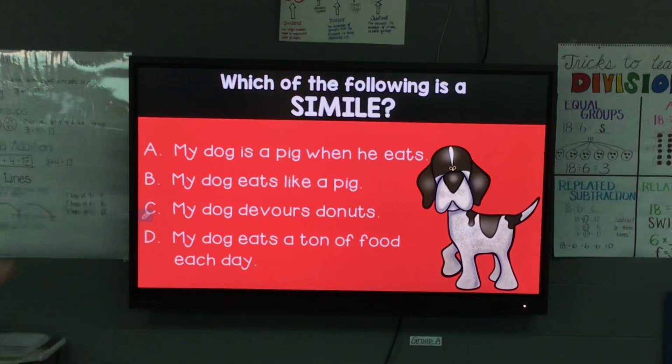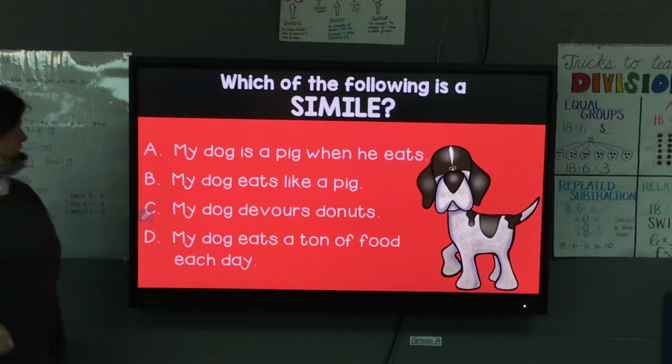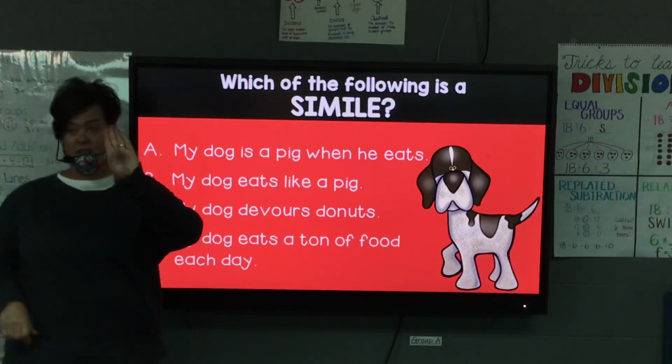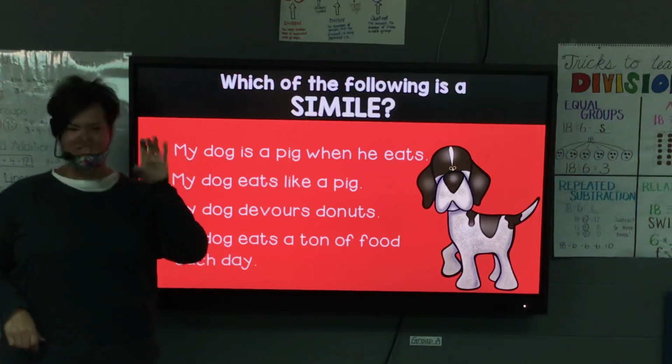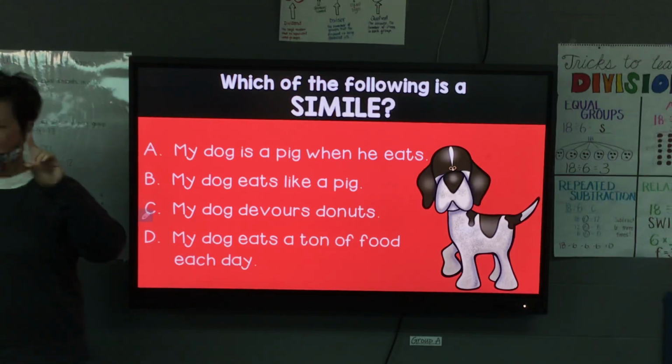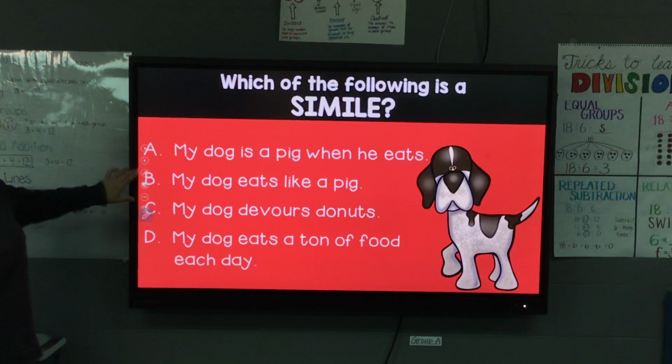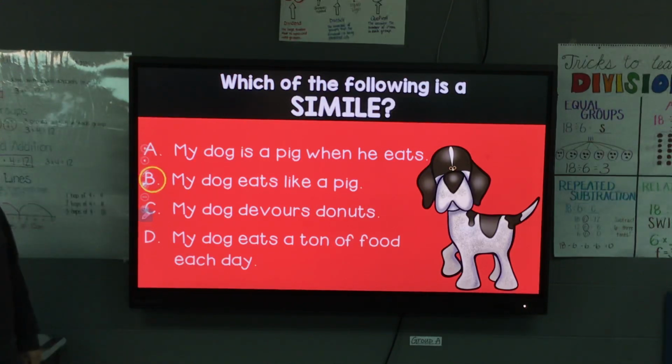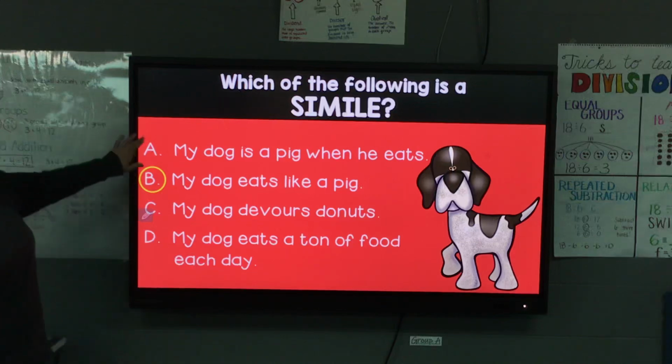Does one of those use like or as to compare two things? Is it A? No. Is it B? Yes. Maybe so. Is it C? No. D? Okay, so you think that it is B? Were you correct? Yes.